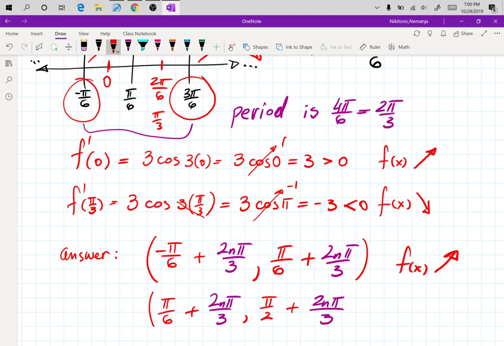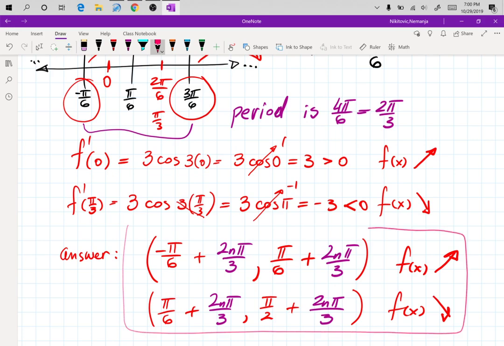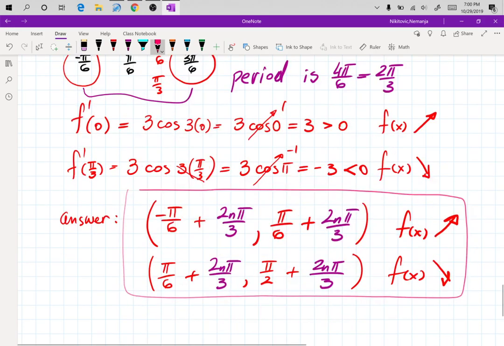And that's where f of x is decreasing. And that is the answer. Oh, I did not write what n is. n is 0, plus minus 1, plus minus 2, plus minus 3, meaning that n can be any integer, any whole number, anywhere.